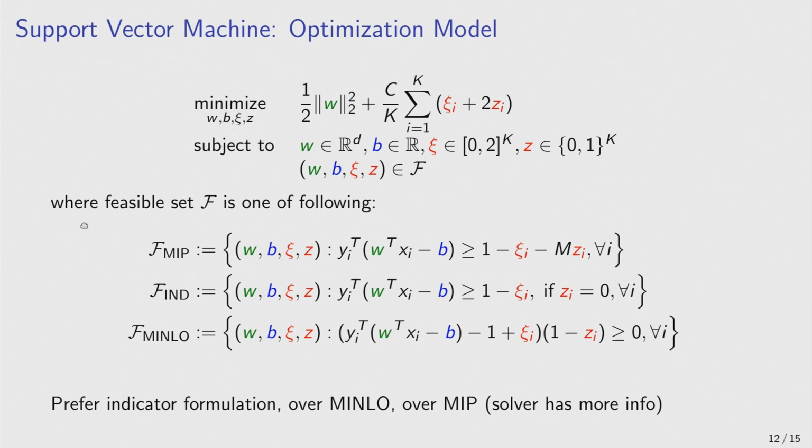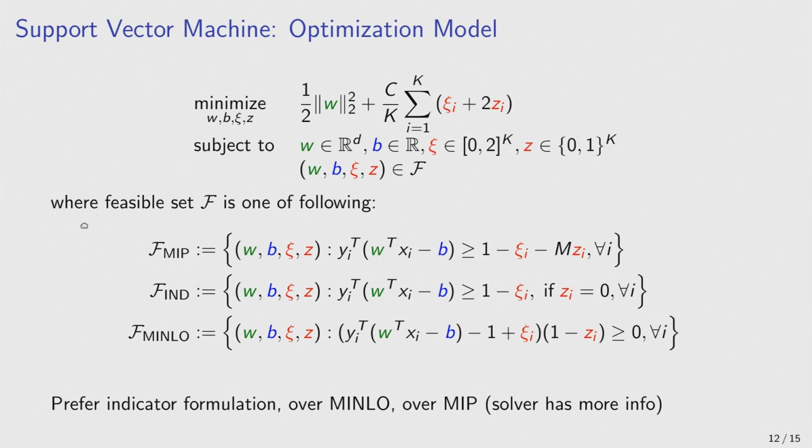And there's the mixed integer nonlinear optimization way, which now multiplies the constraint by 1 minus zi and ensures it's greater or equal to 0. So that means if zi is equal to 0, then the left-hand side would just come out greater or equal to 0.